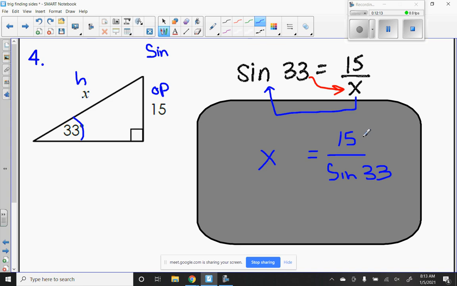So now the math is a division problem. 15 divided by sine 33. So I'm going to get my calculator ready. 15 divided by sine 33, and I should get 27.54.